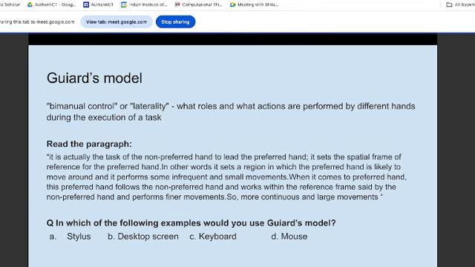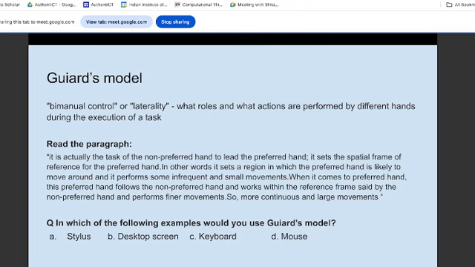So the non-preferred hand has infrequent, small movements, whereas the preferred hand has lots of movements. The preferred hand follows the non-preferred hand and works within the reference frame set by the non-preferred hand and performs finer movements. That's why we feel that the preferred hand is acting more, but it is not so. The non-preferred hand also works towards creating a spatial frame.